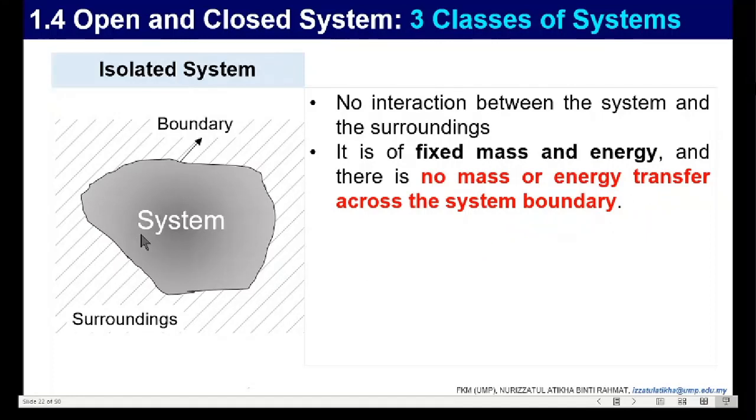Mass is fixed, energy is also fixed, and no mass transfer and no energy transfer happens across the system boundary. So that is the definition of an isolated system. So now you already understand the difference between closed and open systems, and the definition of an isolated system.